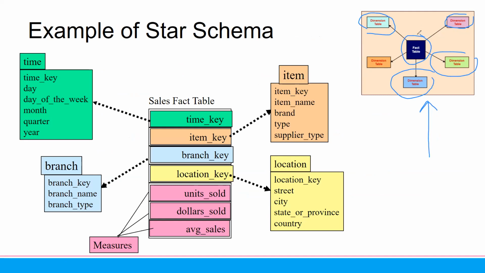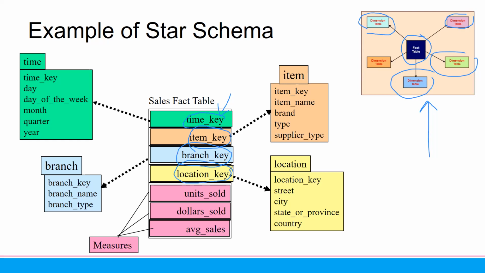The fact table contains the keys, like what we saw before. We would like to know about the time key, the item key, the brand key, and the location key.